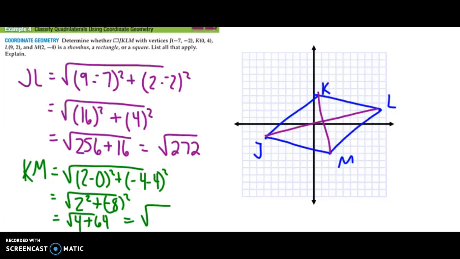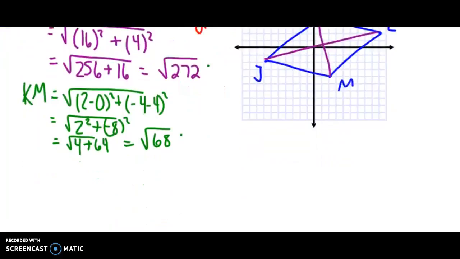That's the square root of 68. Notice these two are not the same, so it can't be a square. Okay? So we'll write not a square.